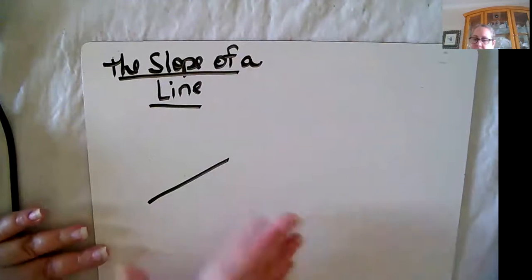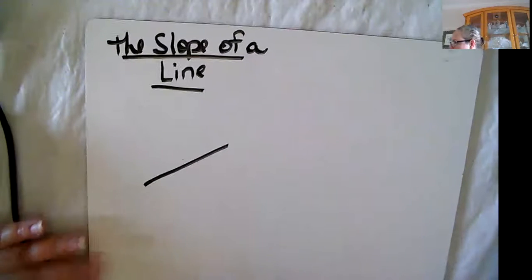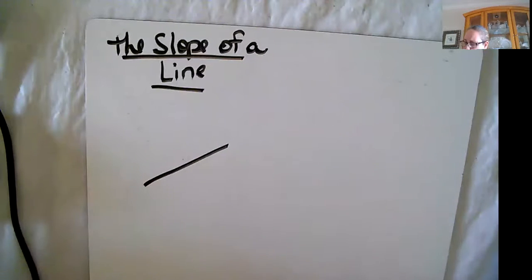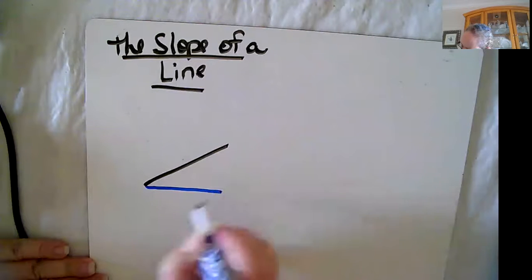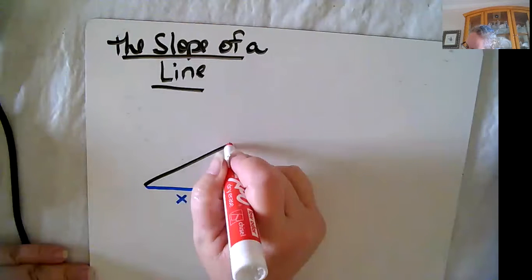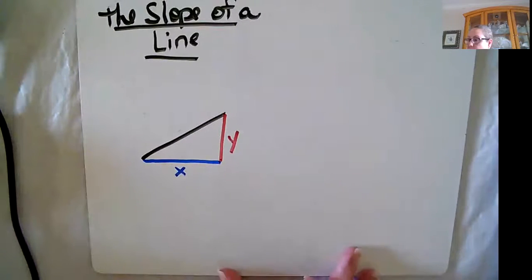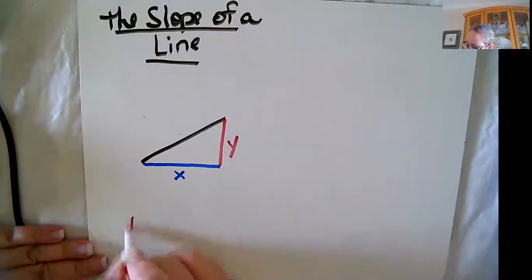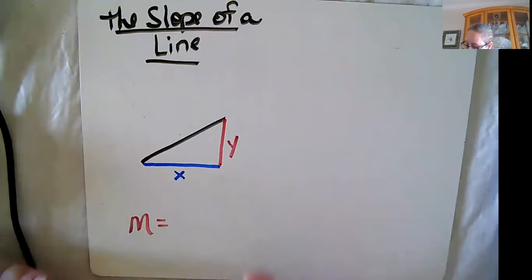So when you have a line that has any type of tilt or slope to it, you have a certain distance in the x direction, and then you have a certain distance in the y direction. When you refer to slope, slope is referred to as m for whatever reason.